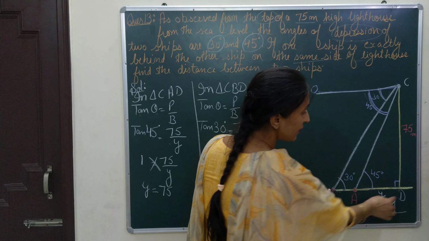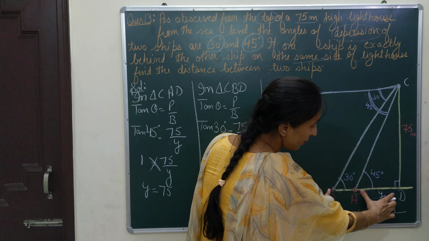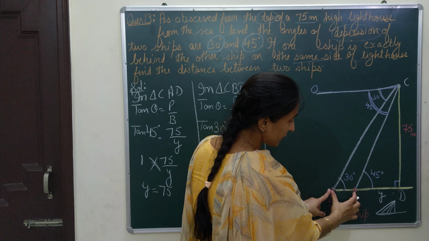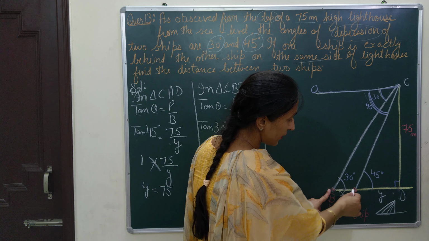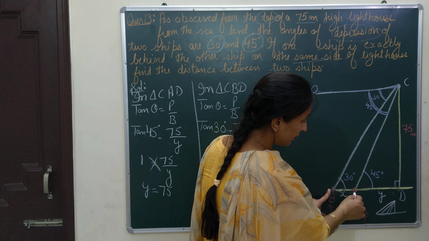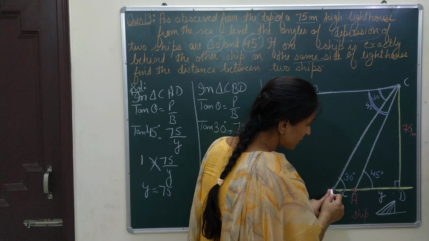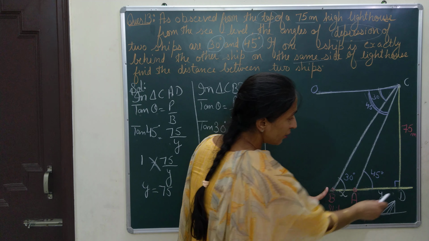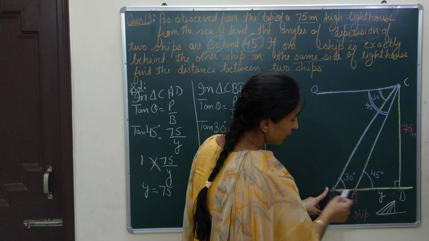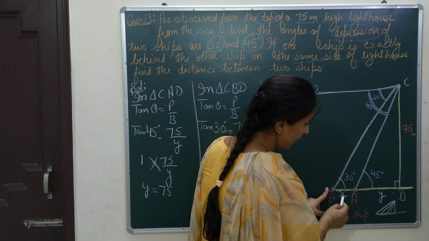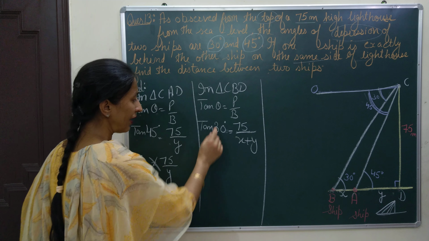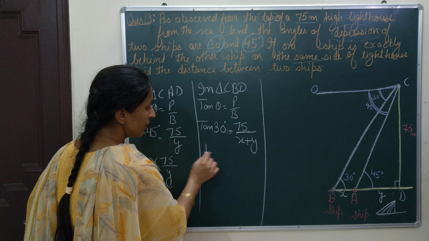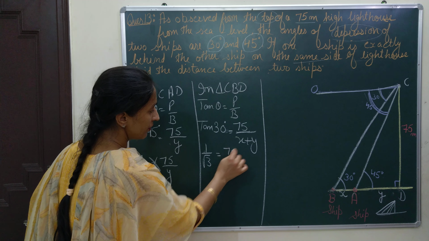Now the base is from B to D. You have taken AD as y. Let us take the gap BA as x. So what is the full gap now? From B to D, you have to take the full base, so the full base will be x plus y. The value of tan 30 is 1 by root 3.